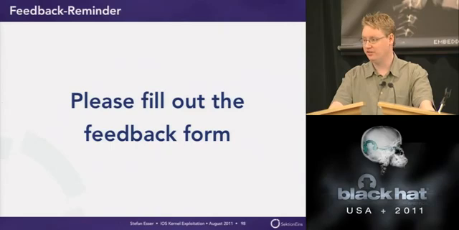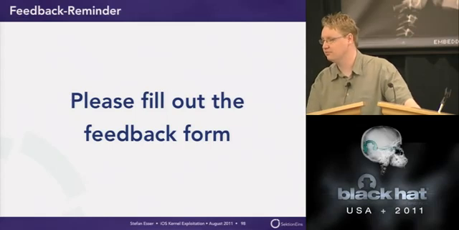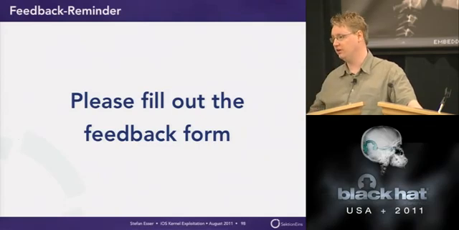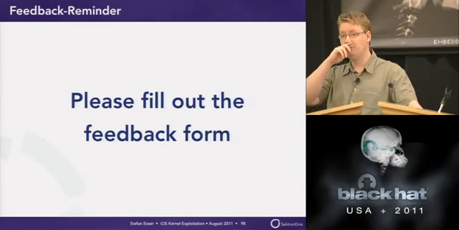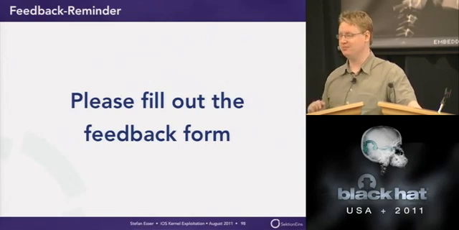Otherwise, any questions? How long did it take you to go from the original crash to your exploit for the second bug? Well, the problem is it took a very long time because of one simple thing.